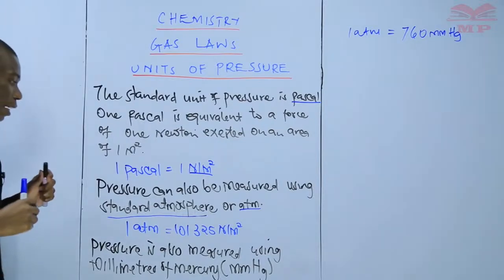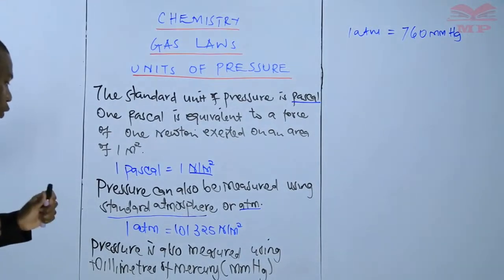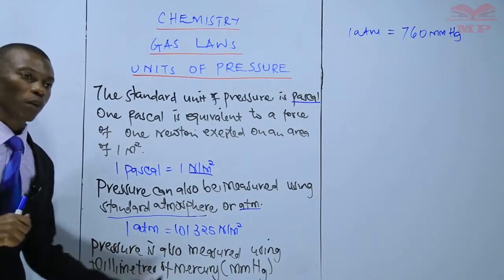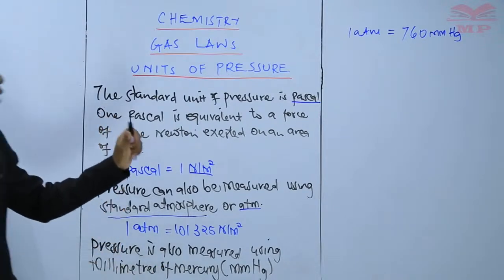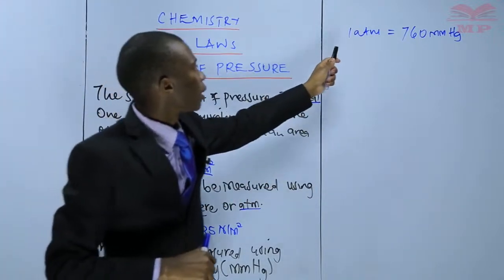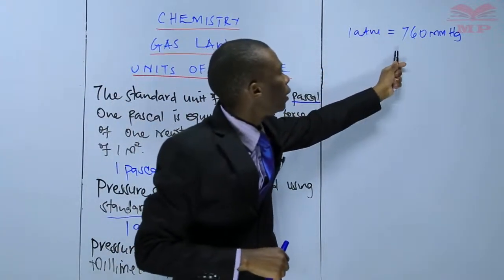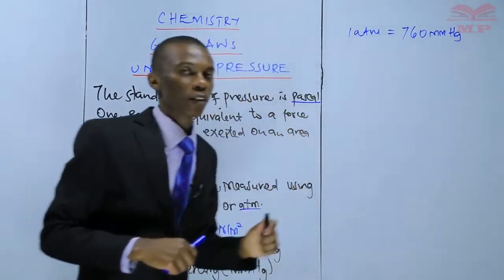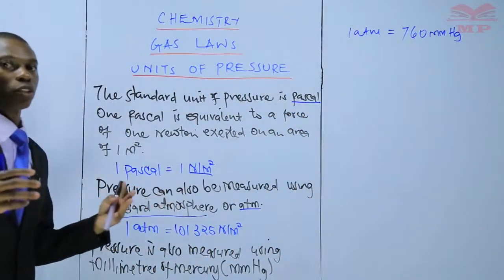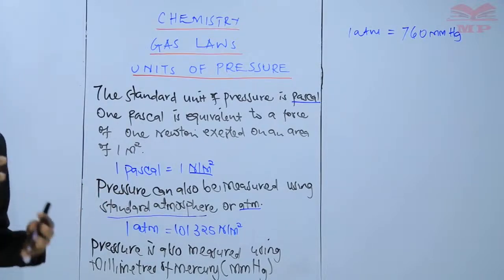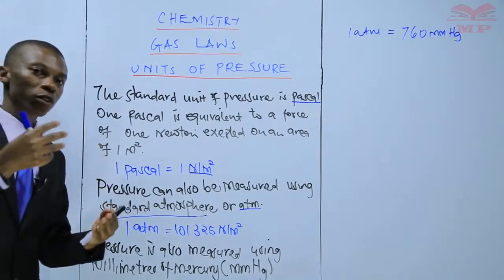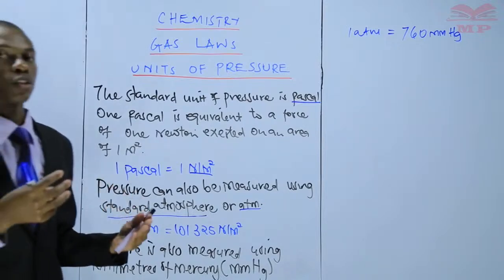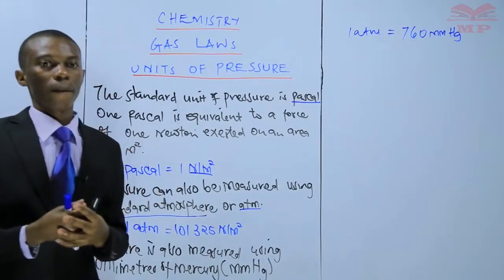And lastly, pressure is also measured using millimeters of mercury, where 1 atmosphere is equivalent to 760 millimeters of mercury. Always understand those relationships, because sometimes you'll be required to convert millimeters of mercury to atmospheres, or atmospheres to millimeters of mercury.